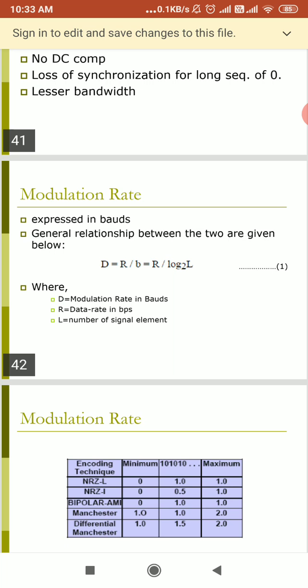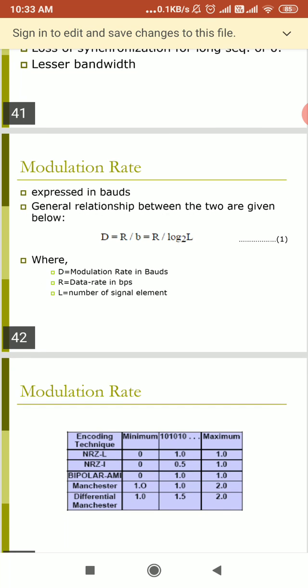Or if we do not have the value of b, you can calculate it as R upon log 2 L, where L is the number of signal elements.